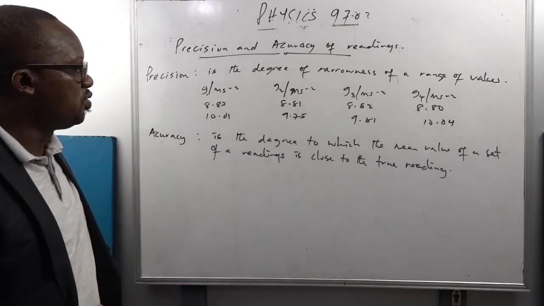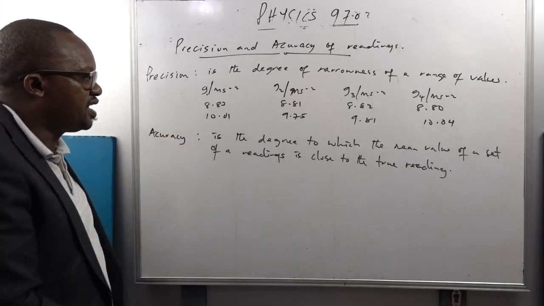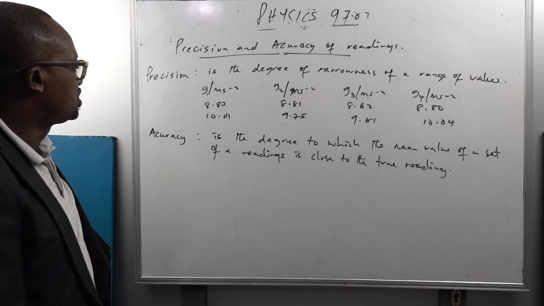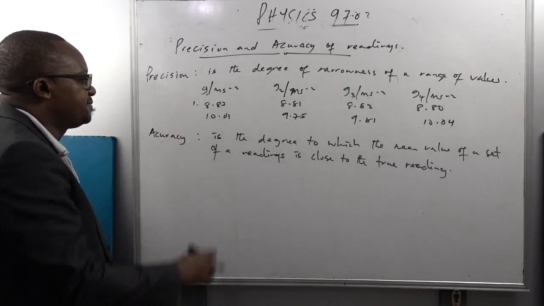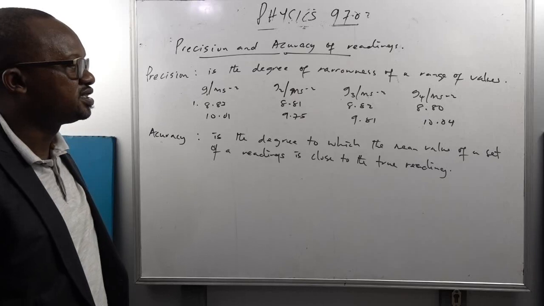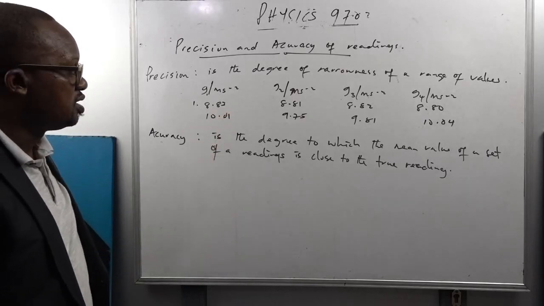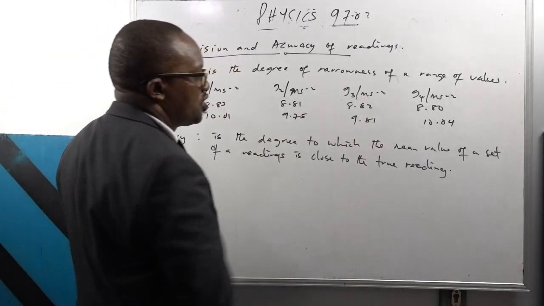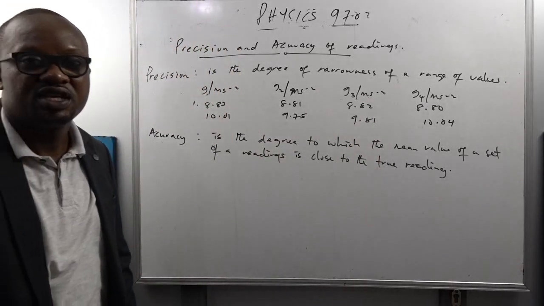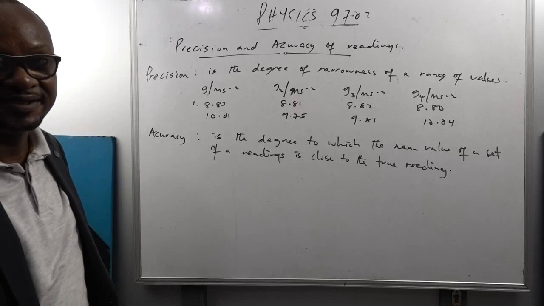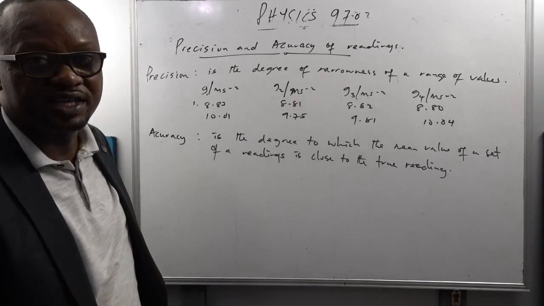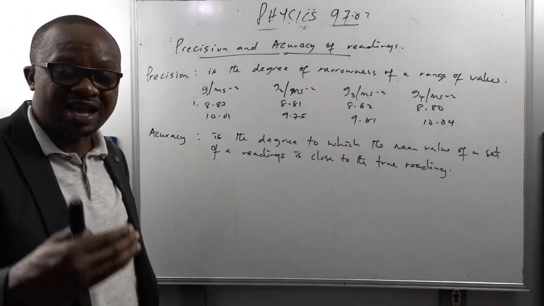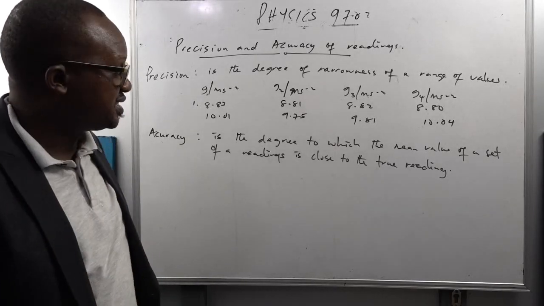So for example, if I look at these two sets of values, which of them is accurate? The first set is not accurate, but it is precise, because the mean value of this set of readings is not close to 9.8, which is the value taken to be the acceleration of free fall on the surface of the earth, or acceleration due to gravity.